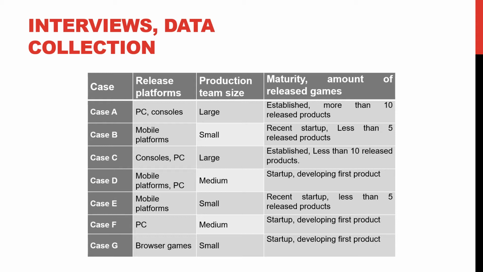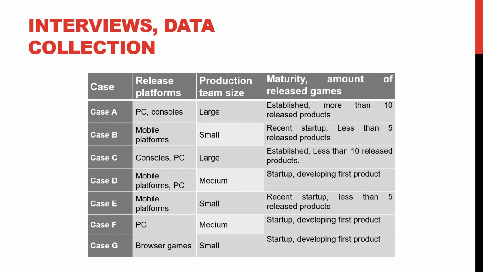So overall, the production team sizes varied from less than 5 people to the largest organization having almost 50 own persons and employing over 100 people as third-party subcontractors. So basically, a huge variance of organizations.